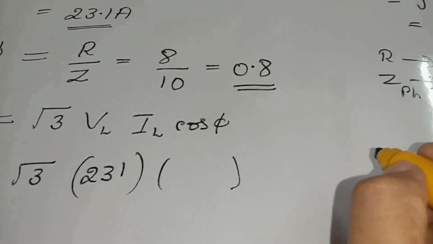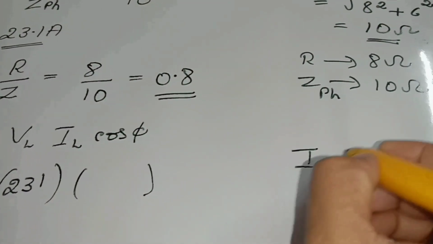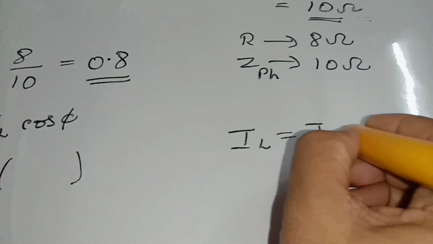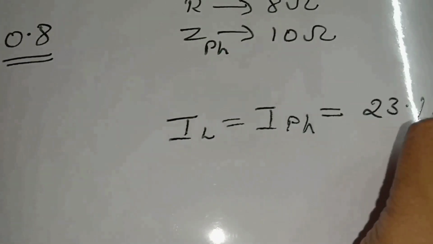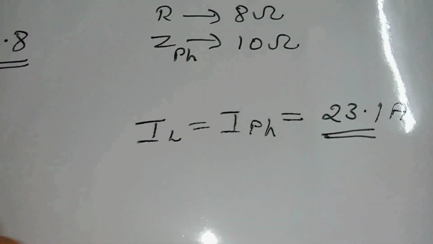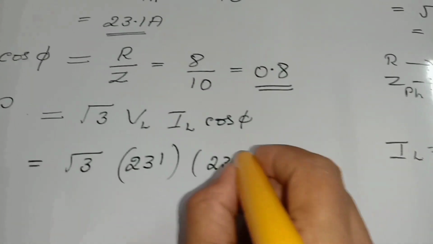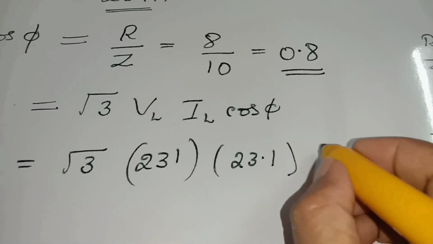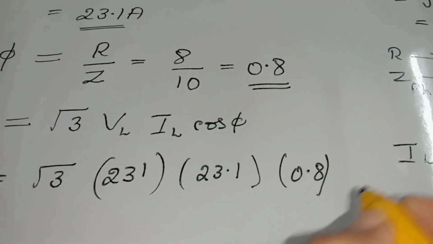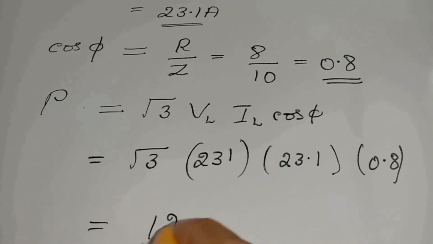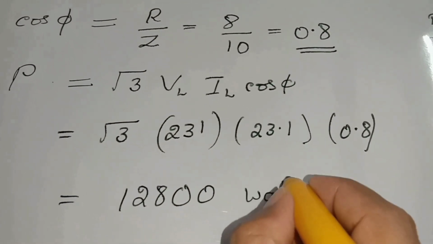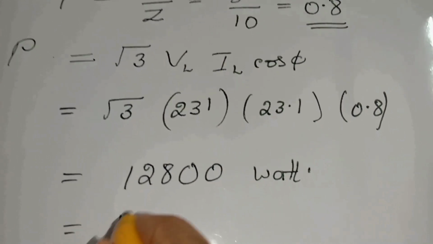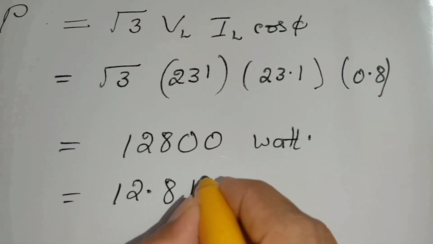Since it is a star connected system, our line current is equal to phase current, which is equal to 23.1 amps. So substitute this, 23.1 into power factor, we got it as 0.8. When you simplify this, we will get watt, or it is 12.8 kilowatt.